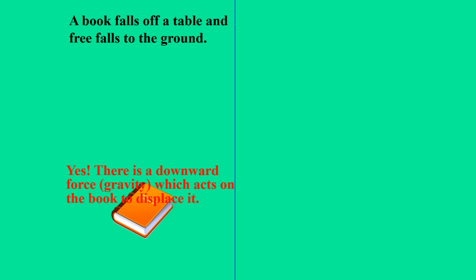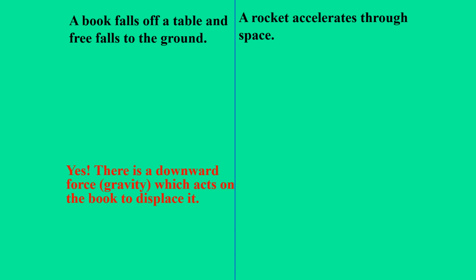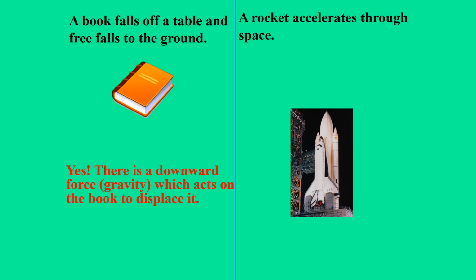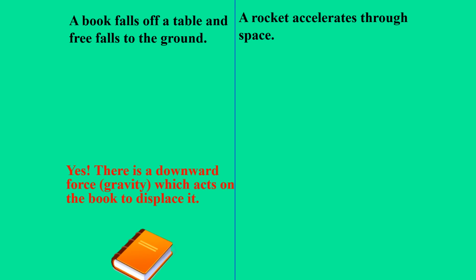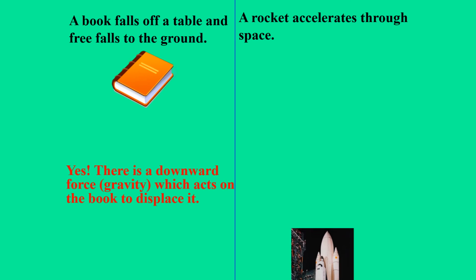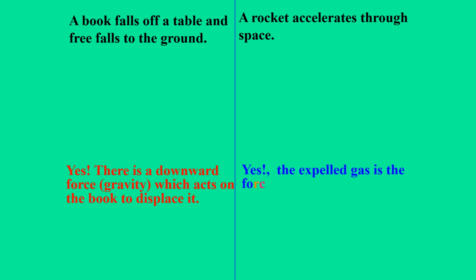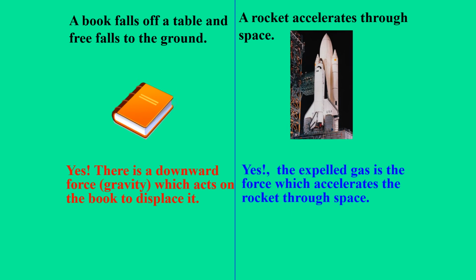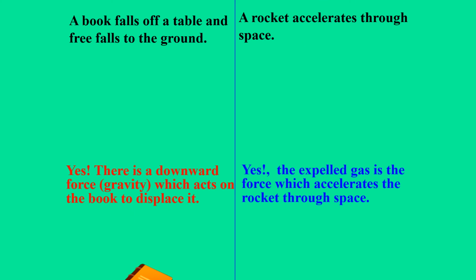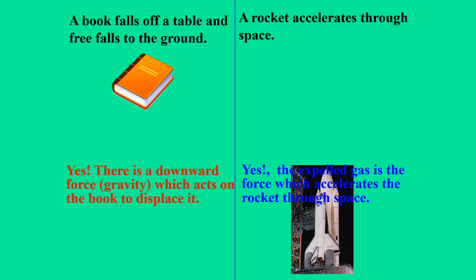There is a downward force, gravity, which acts on the book to displace it. A rocket accelerates through space. Is there work or not? Yes, the expelled gas is the force which accelerates the rocket through space.